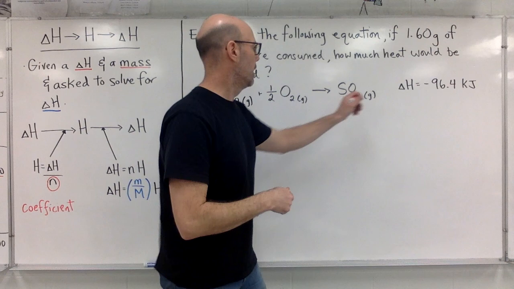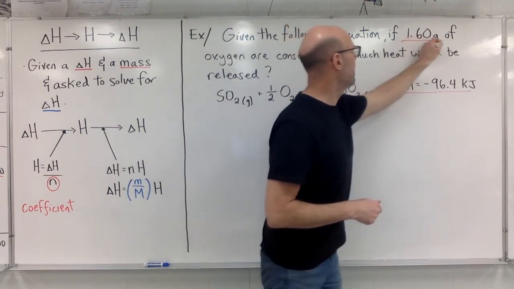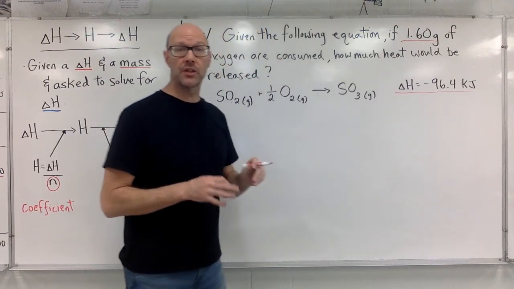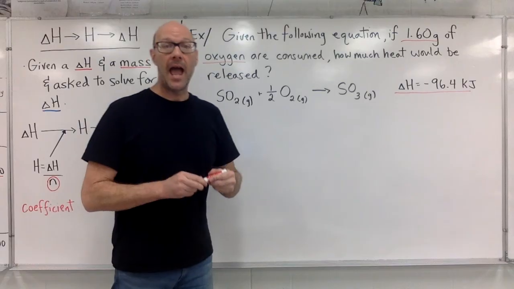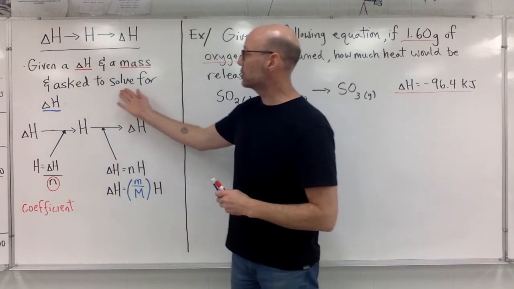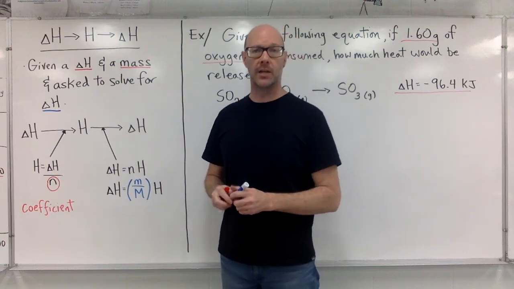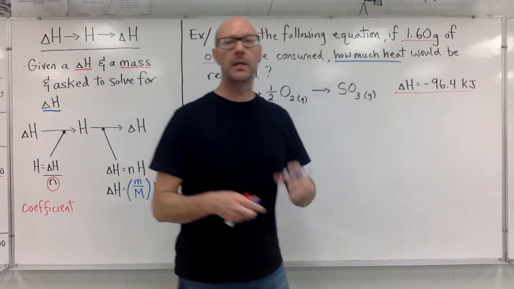Here they are. There's the delta H. There's the mass. It's important to notice that this is about oxygen. Okay? And we're being asked for a second delta H and asked to solve for delta H. Here it's how much heat would be released.